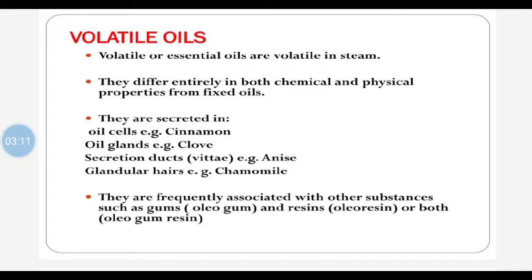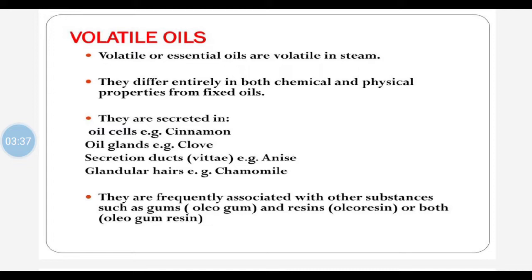Now these volatile oils, they are volatile in nature. So same thing, they are totally different from fixed oils. They get easily evaporated when they are exposed to air, whereas fixed oils like coconut oil, castor oil, groundnut oil, they don't evaporate.